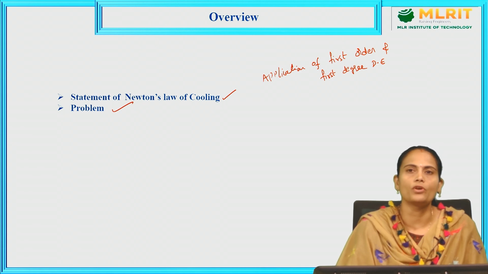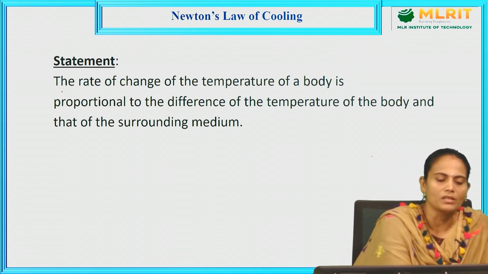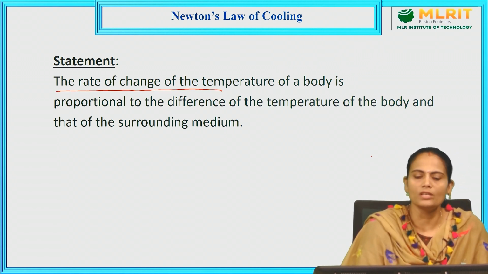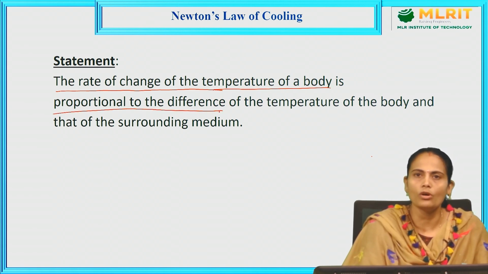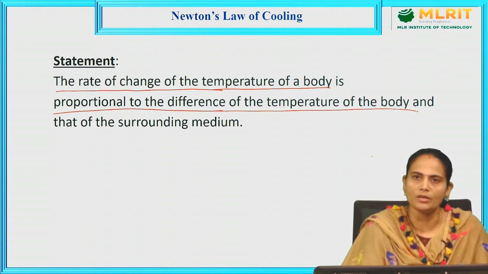First of all, we'll see the actual statement of Newton's law of cooling. The rate of change of temperature of the body is proportional to the difference of the temperature of the body and that of the surrounding medium.